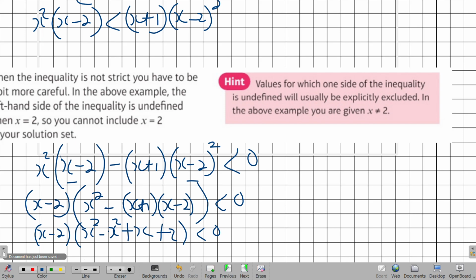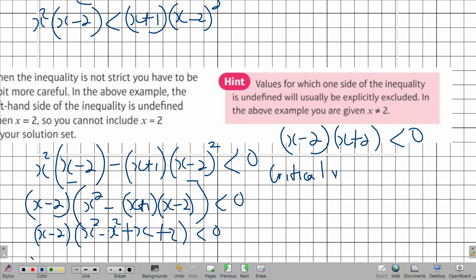That's what we have. So we are going to have x minus 2, and then x plus 2, is less than 0. Our critical values are x is equal to 2 and x is equal to minus 2.